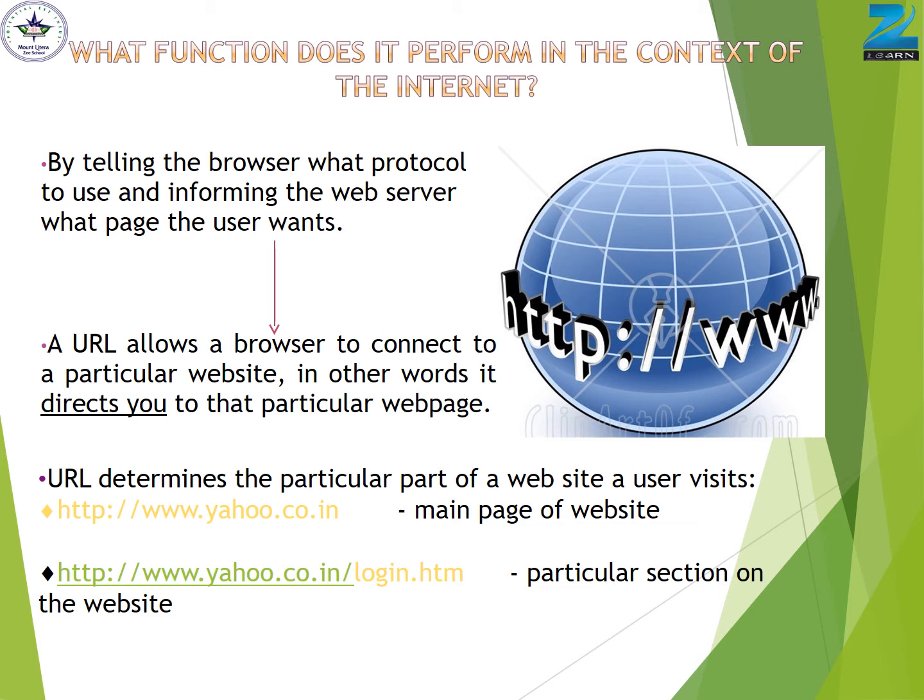A URL determines the particular part of a website a user visits. For example, here it is given http://www.yahoo.co.in. This is the main page of the website. But if we get www.yahoo.co.in/login.html, that will locate a particular section on the website.